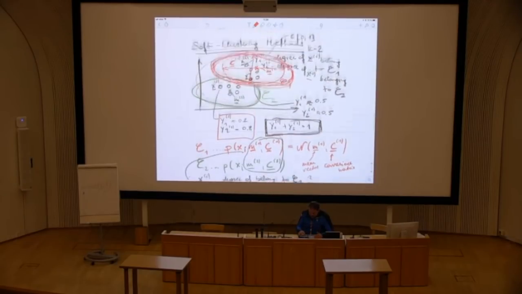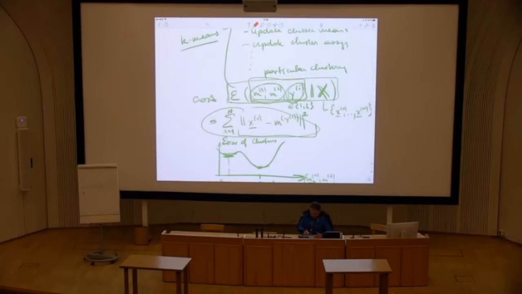So similar to k-means, you can define a risk function or a cost function, and you can then look at how this cost function changes over iterations. So here we have iterations r.